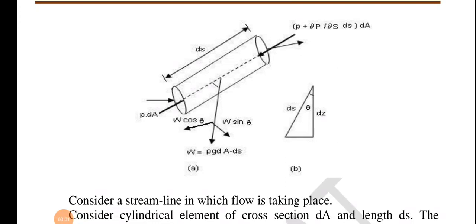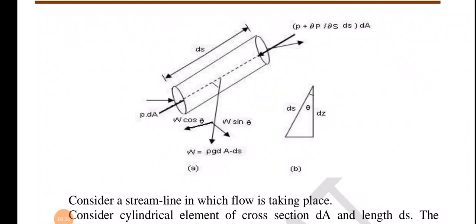Okay, so here we get all the forces acting on the stream tube, that is pressure force and gravitational force. Now we know that the gravitational force will be acting in downward direction, that is inclined with the flow line. Here you can see that the gravity force in downward direction is denoted by dz, and the stream tube is inclined at theta angle.